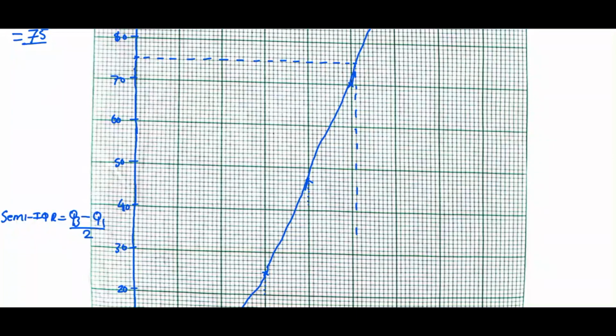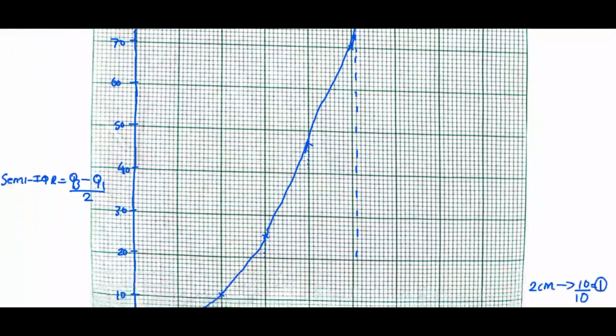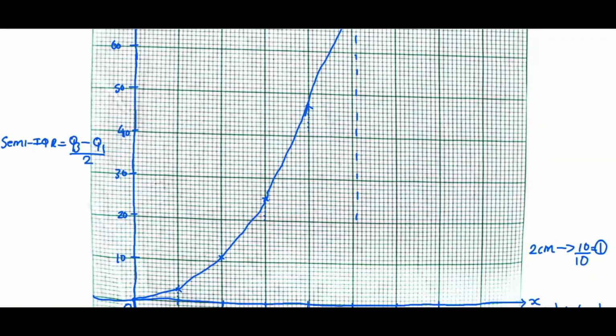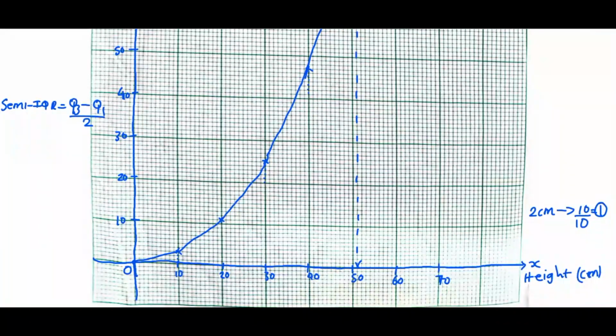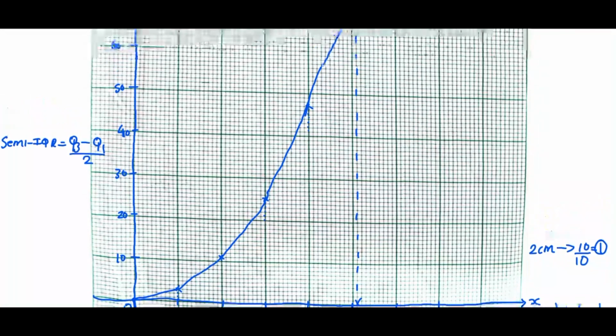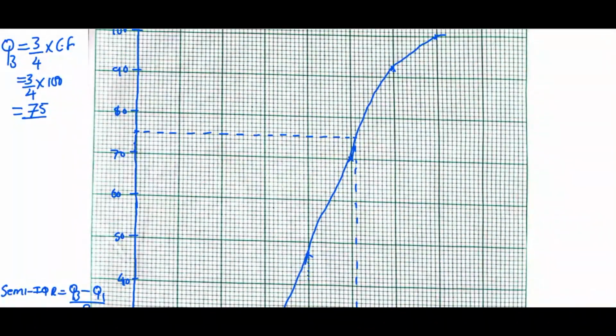Make sure you also use a ruler here for accuracy. You can see that it's at this point where we are touching the x-axis. So this is our final answer. If this is 50, if we add one small box, this is 51. So our quartile 3 is 51 since it's height in centimeters.